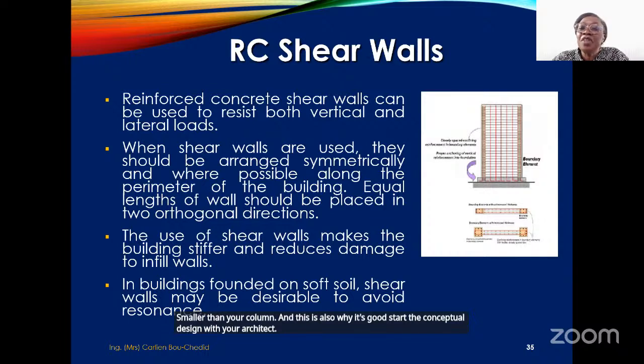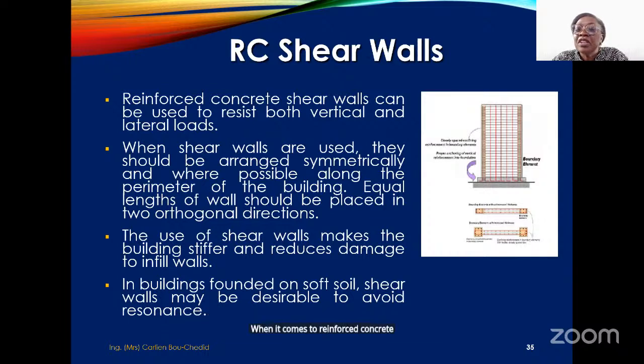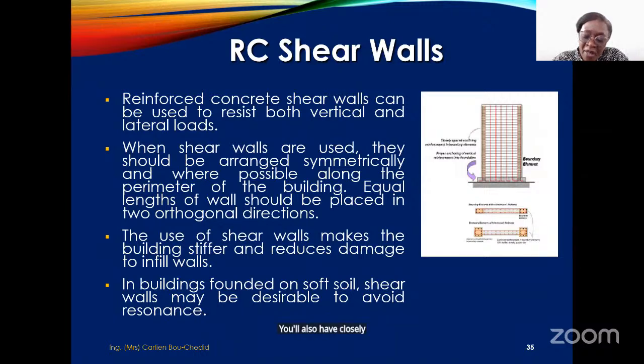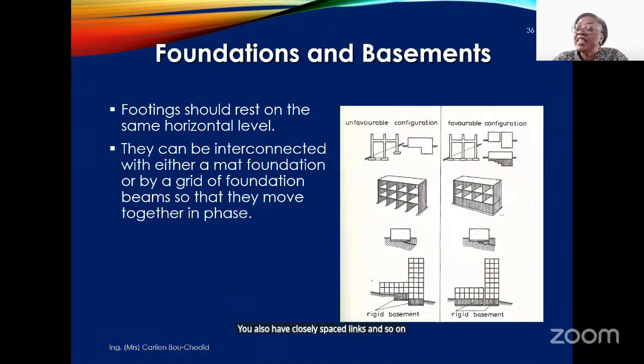When it comes to reinforced concrete walls, you should have boundary elements. So you have like columns at the ends, which may be bigger or the same size, but they should be well detailed. You also have closely spaced links and so on. And all these are specified in codes.